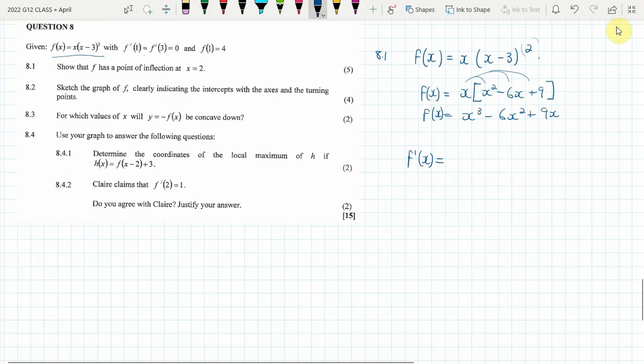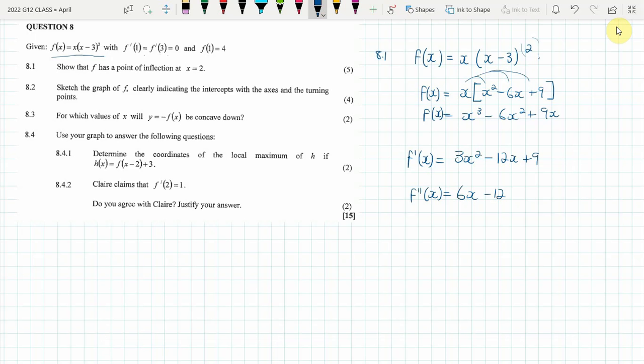What's the first derivative? It's 3x squared minus 12x plus 9. Then f double prime is 6x minus 12.